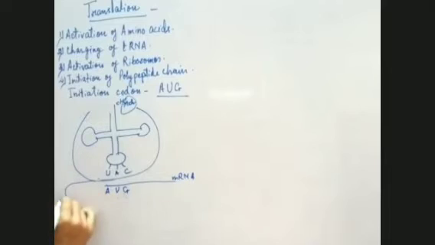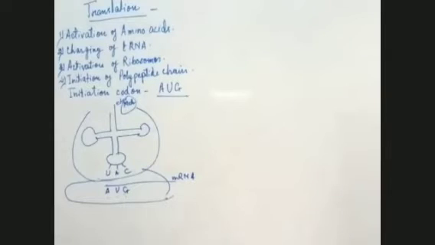And which particular part of the larger subunit? When the formation of the polypeptide chain begins, the initiator codon is the first one which is decoded.